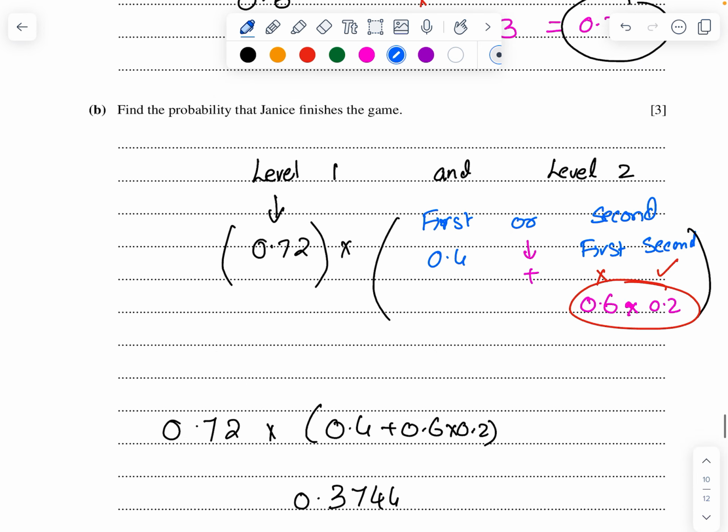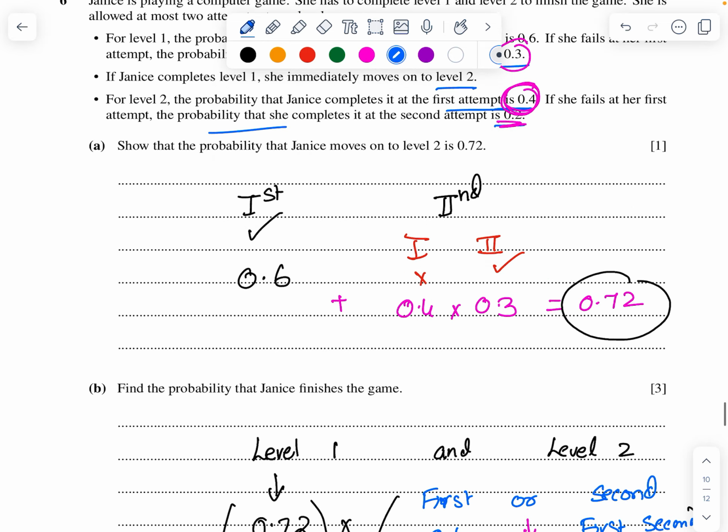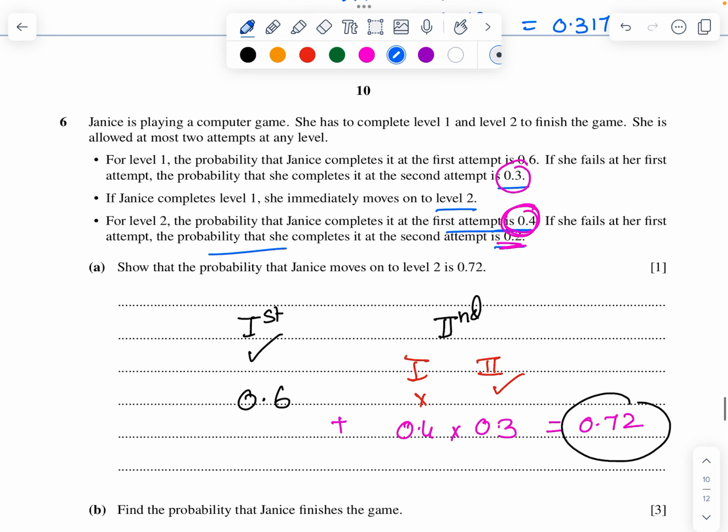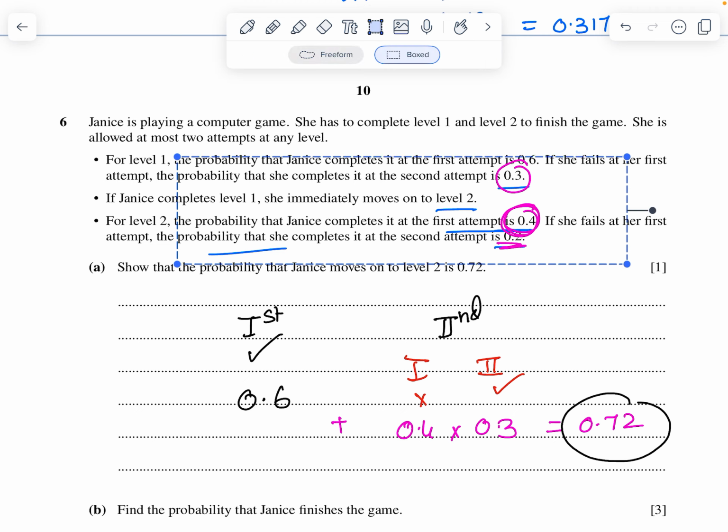So coming to level 1, see carefully over here. This is the most confusing question, so you have to be very clear. For level 1, the probability that Janice completes it at the first attempt is 0.6.